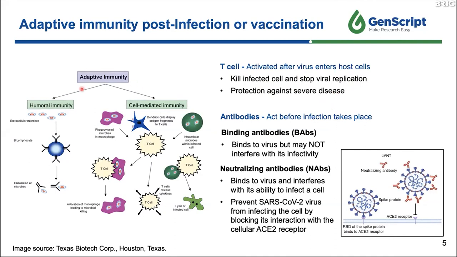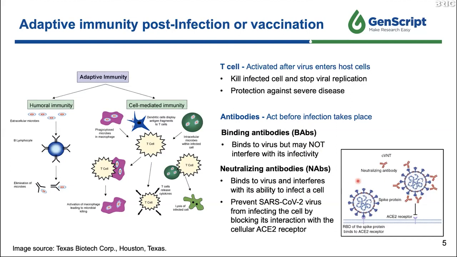Hence, T cells are key in protection against severe disease. And we also have humoral immunity, which is mainly mediated by antibodies. Antibodies are the ones that act before the infection takes place. According to their different functions, antibodies can be categorized into binding antibodies, which bind to the virus but may not interfere with its infectivity, and neutralizing antibodies, which by definition bind to the virus and interfere with its ability to infect a cell.